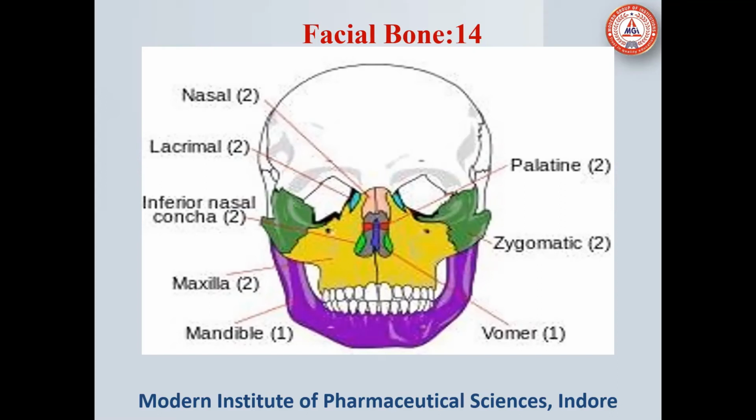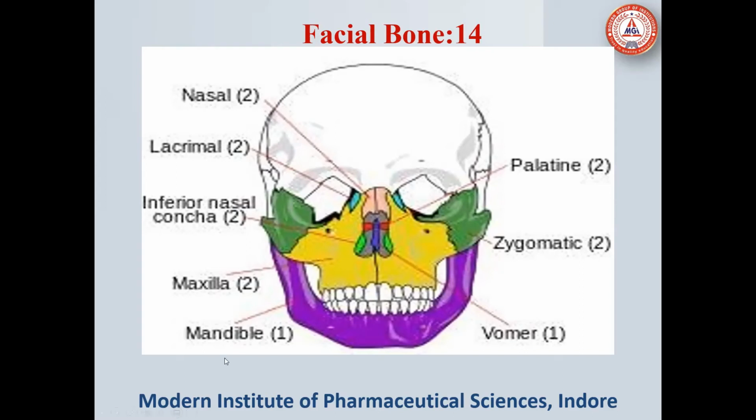The superior and middle conchae are part of the ethmoid bone. The conchae collectively increase the surface area in the nasal cavity, allowing inspired air to be warmed and humidified more effectively.